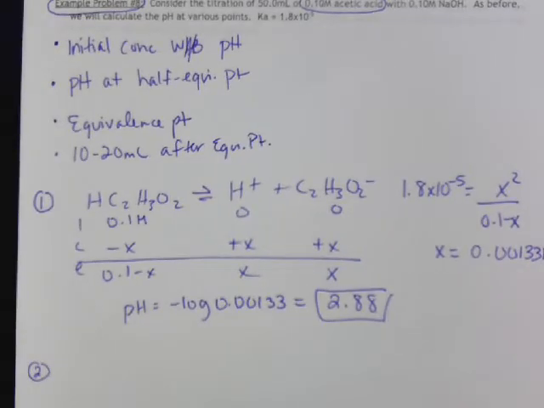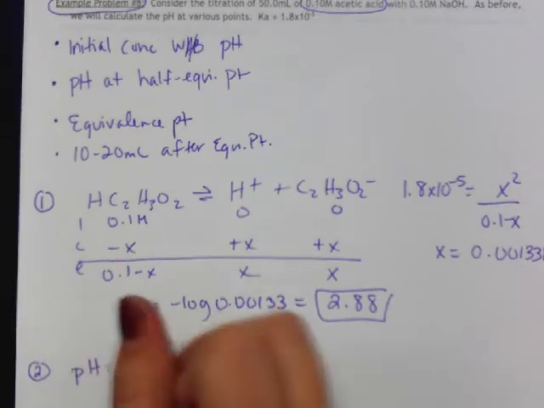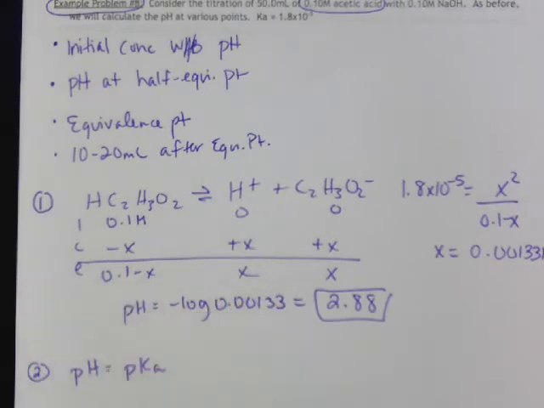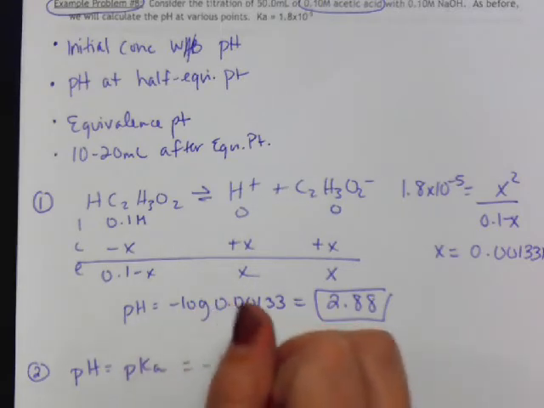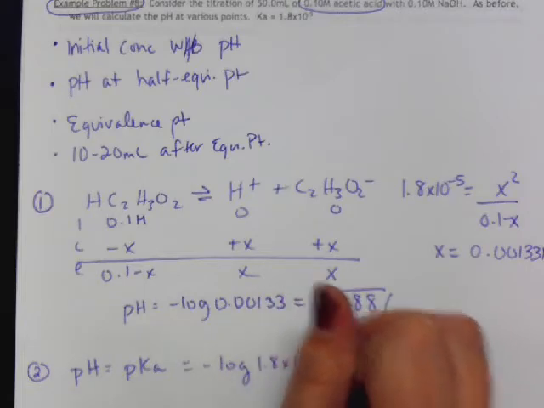is the pH at the half equivalence point. So the half equivalence point, as you learned in the previous video, is the point where the pH is equal to the pKa. So to calculate the pH at that point, it's quite simple. We take the negative log of our Ka, which is 1.8 times 10 to the minus 5.